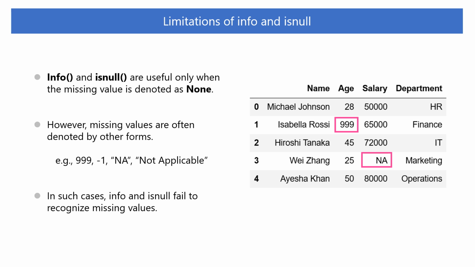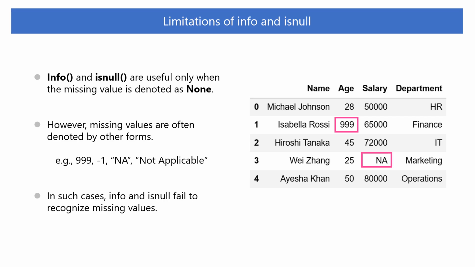info and isnull are useful to detect missing values, but only when the missing value is denoted as None. In real cases, missing values are often denoted in other forms. For example, they may be denoted as extremely large values such as 999 or impossible negative values like -1.